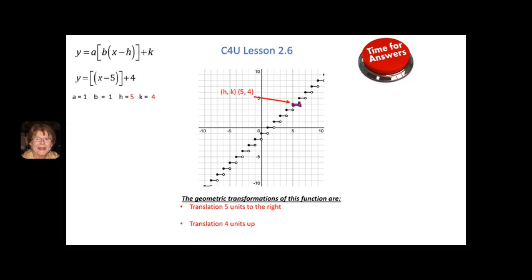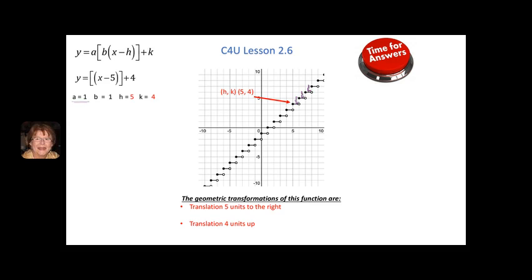We have 1 step. Then we have to determine how parameter a affects the graph. Again, there are 2 things. One of them is the distance of the counter step. Because a is 1, the vertical distance between each step will be 1 unit. The other thing you've got to determine is if the steps are going up or down.